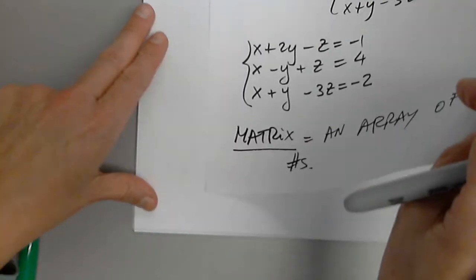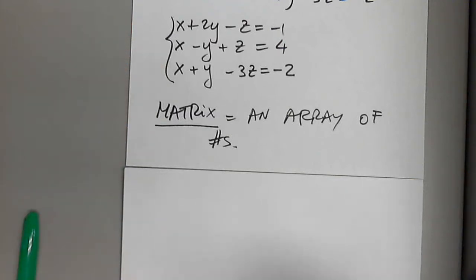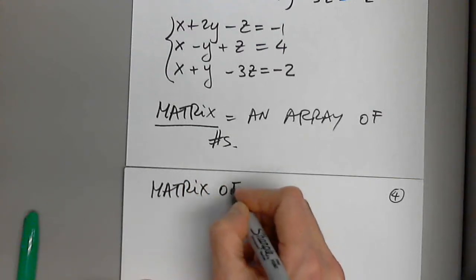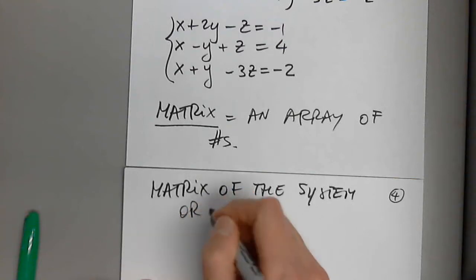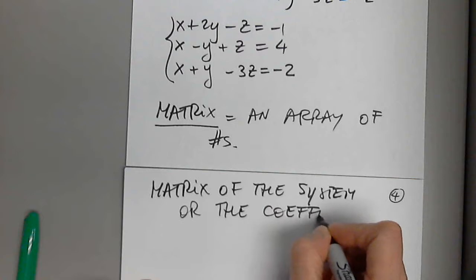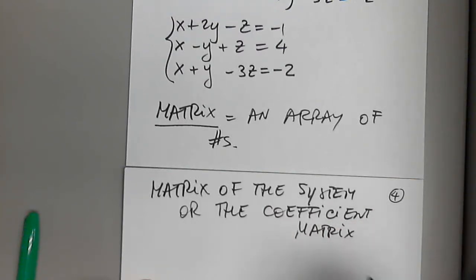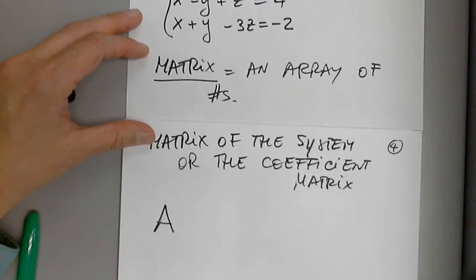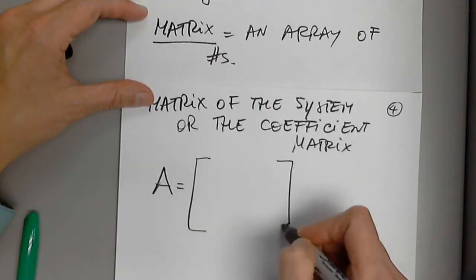The first thing we want to look at is the matrix of the system, also called the coefficient matrix, which is denoted by uppercase A, equal symbol, and two big brackets.